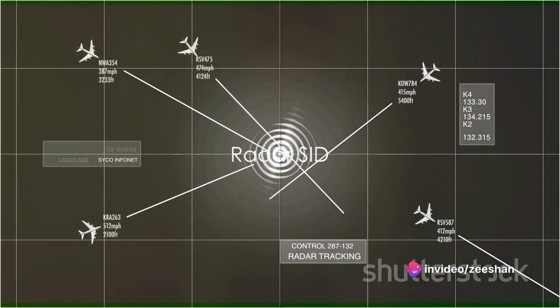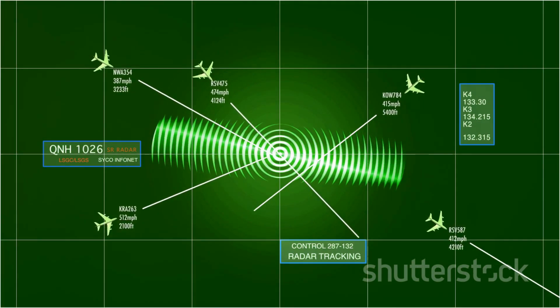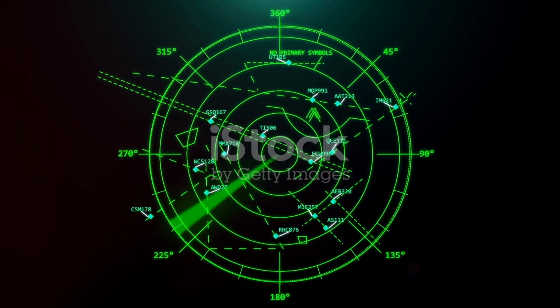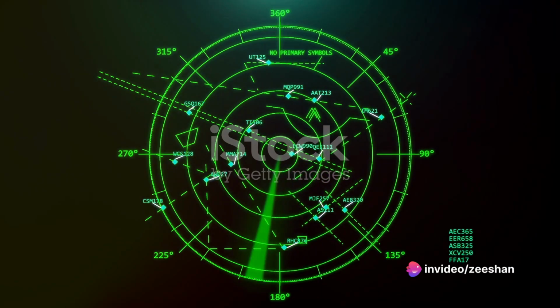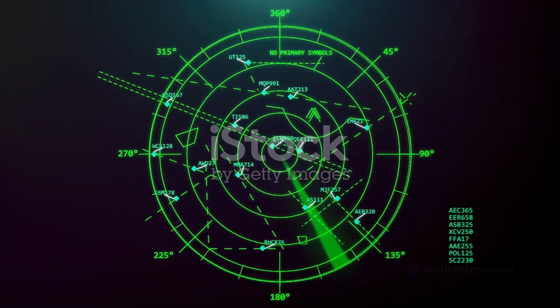Now let's talk about radar SID, another important navigation tool. Radar standard instrument departures, or radar SID, is a crucial component in the world of aviation navigation. It's a pre-planned instrument flight rule that helps guide aircraft from the moment they leave the ground until they're safely cruising in the air.